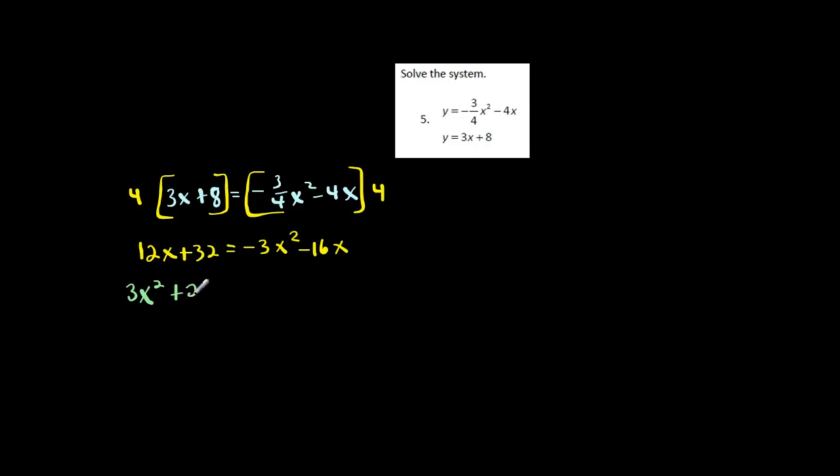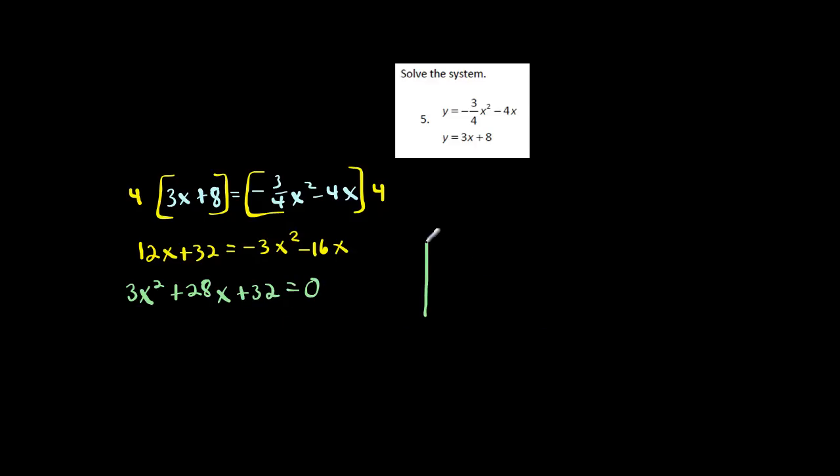So I'm going to multiply both sides by 4 to get rid of the denominator. So we're going to have 12x plus 32 equals negative 3x squared minus 16x. We can move everything to the left, so we're going to have 3x squared plus 28x plus 32 equals 0.